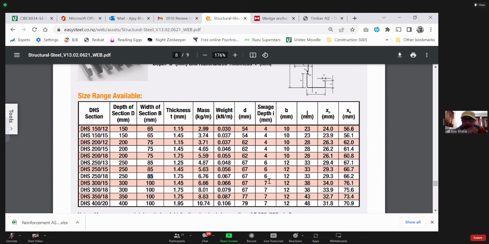So you've got your detail now? Yeah, got this number. So make use of this table, this information, for your calculation. I hope it is clear now.